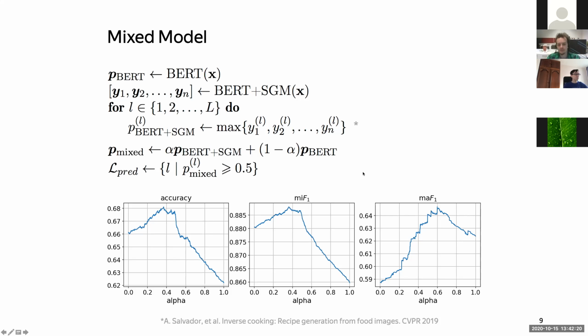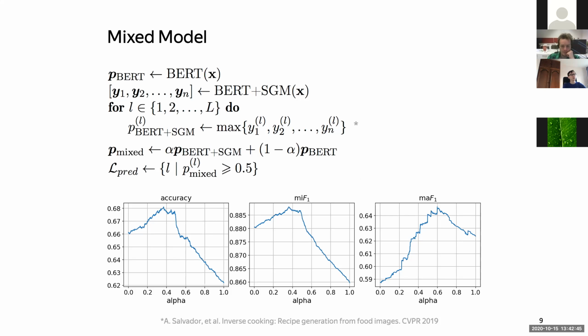So at the end, we form the mixed probability distribution by combining those 2 distributions. It's just a weighted average with alpha being a trade-off parameter optimized on development set.